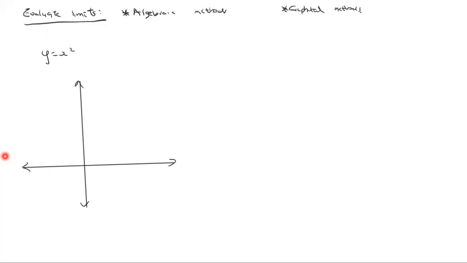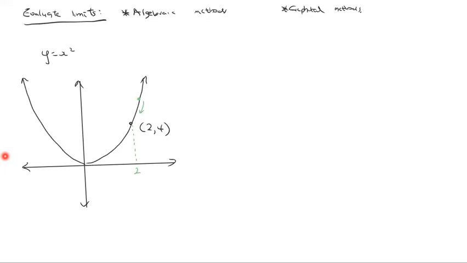It looks something like this. Now we know we have this point 2, 4. If you just look at this graphically, this is x equals 2. As you approach this point from the right, what does the y value approach?